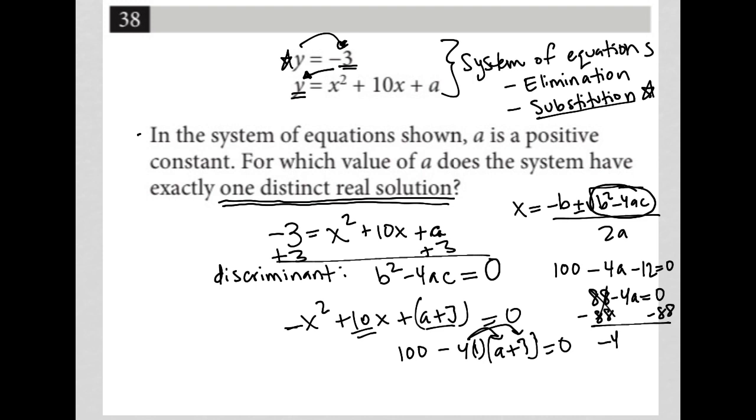I have -4a equals -88. And I can then divide both sides by -4, leaving me with a is equal to positive 22. So there is the answer, positive 22.